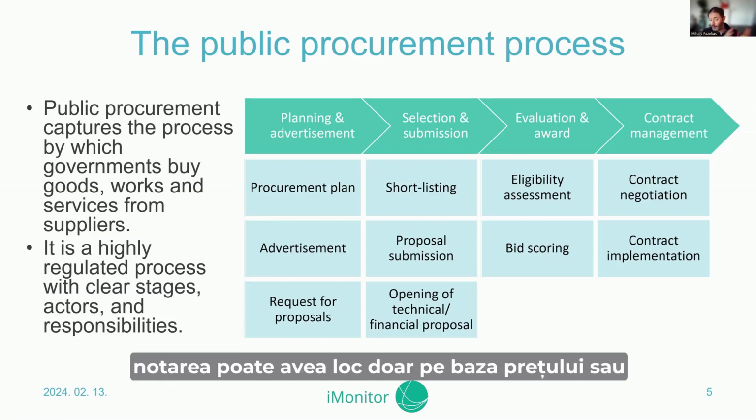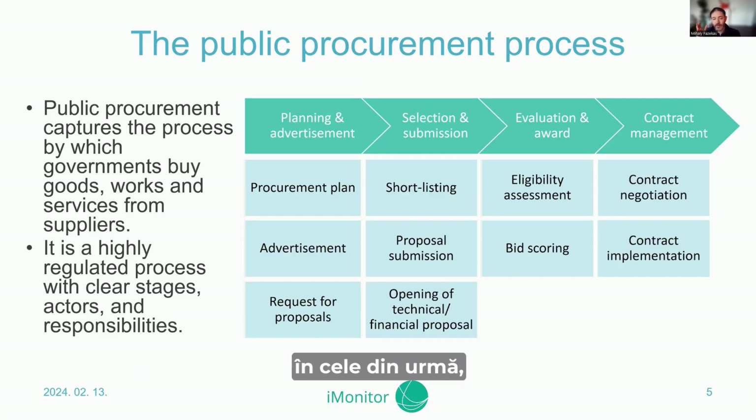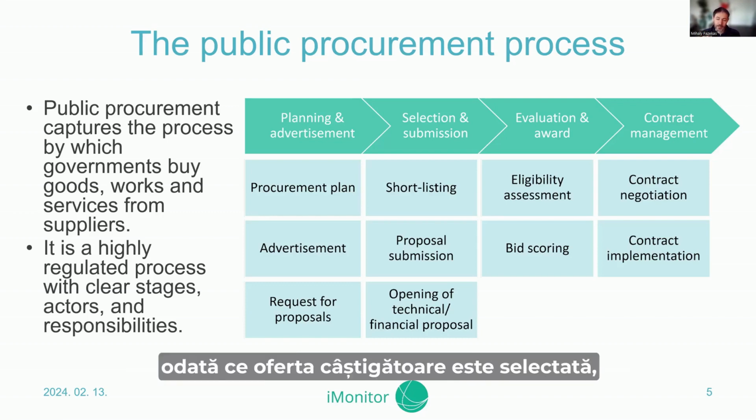Now, scoring can happen purely on price or price plus some quality considerations. And finally, once the winning bid is selected, there is a contract signature, and we move on to contract management, where the contract is implemented, and sometimes we also have contract renegotiation.